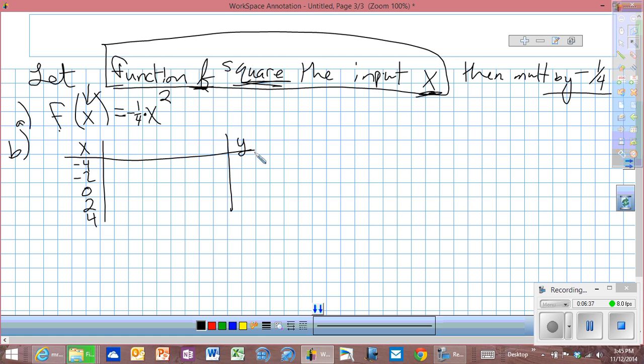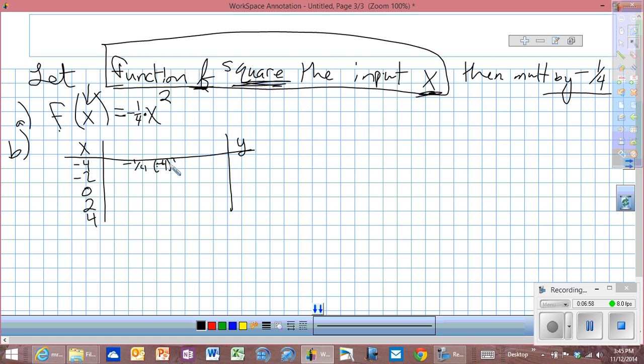What this is going to look like is -1/4 times -4 squared. You can do this one in your head. It's not too much work. What's squaring the input? I have -4 times -4. That's what squaring the input means.